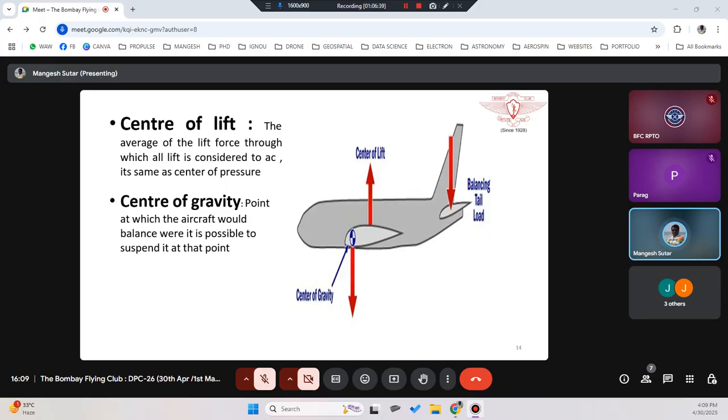But if you apply a little more weight to the front of the roll and then move it with the string, the roll will move in a forward direction, so wherever the weight is more, that will be the forward portion, like a nose cone. That's how you can demonstrate the center of gravity and the center of lift or center of pressure.